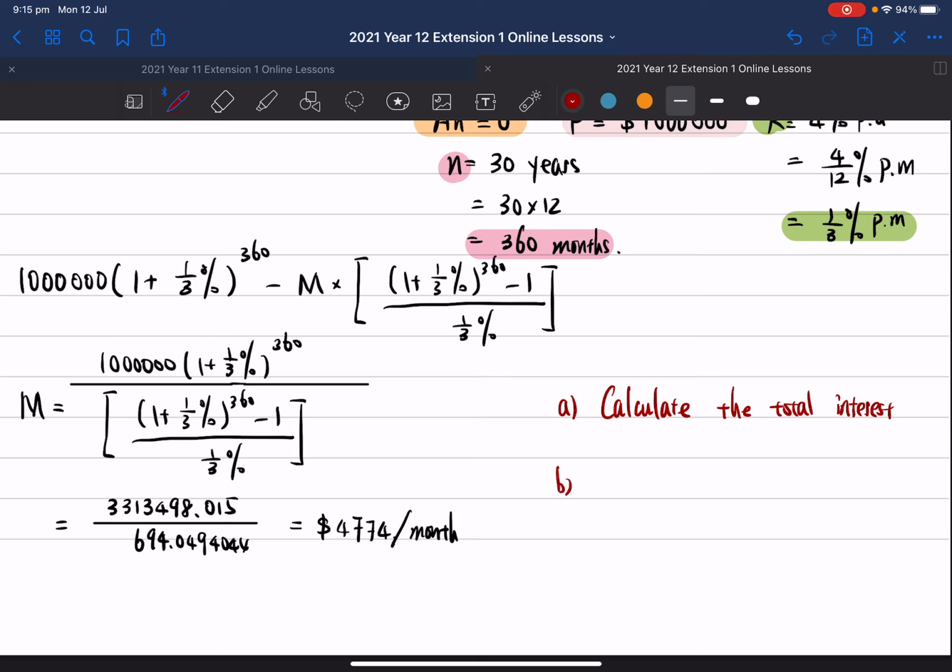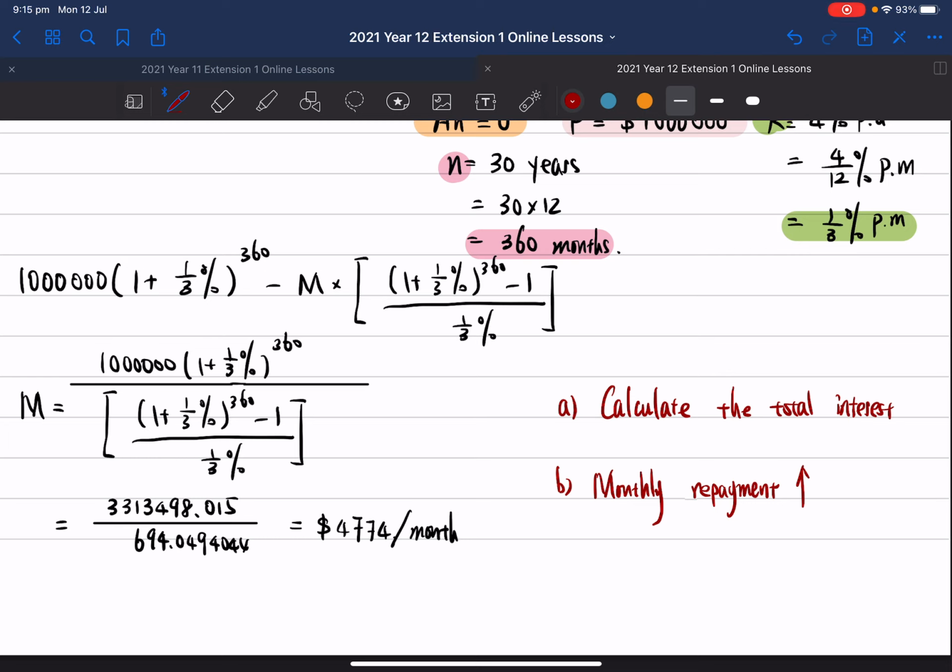They can also ask you questions about increasing your monthly repayment. Currently it is 4,774, but let's say I want to increase it to $5,000, and then they ask you how much interest you can save.